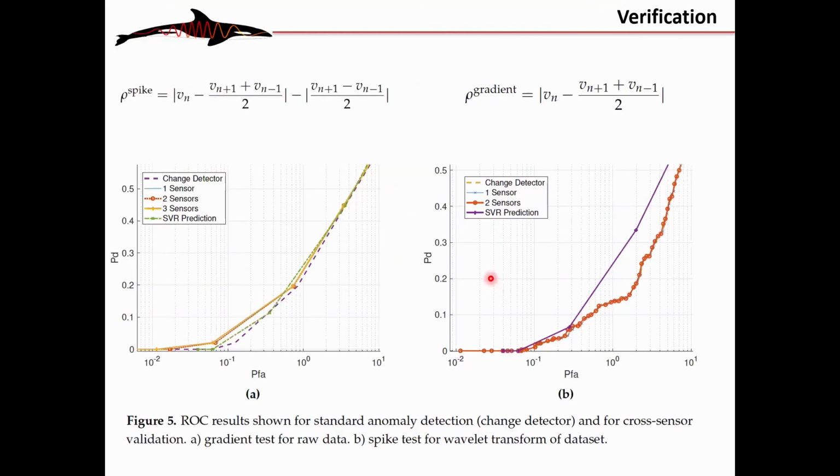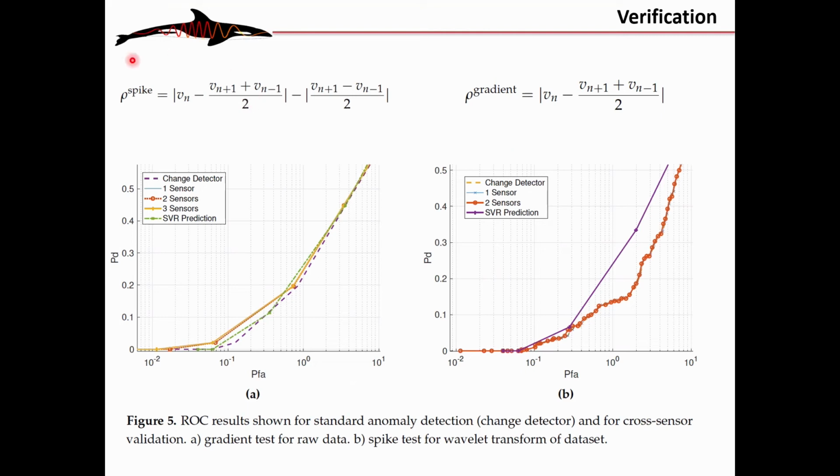And here are results that I show. So we look at two different ways to look at the detection. One would be looking at spikes of the data. So we have the measurement itself, Vn, and we look around it, so for Vn plus 1, Vn minus 1, so that would be some sort of a transient in a way.